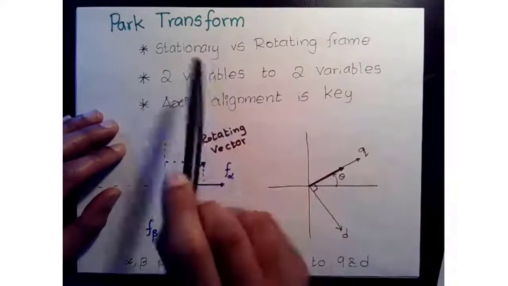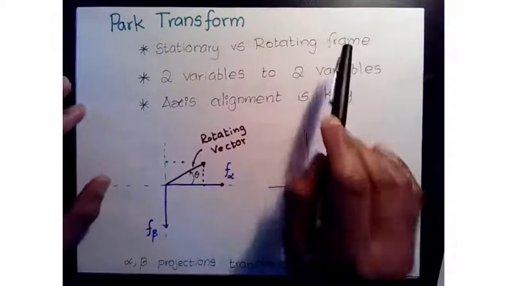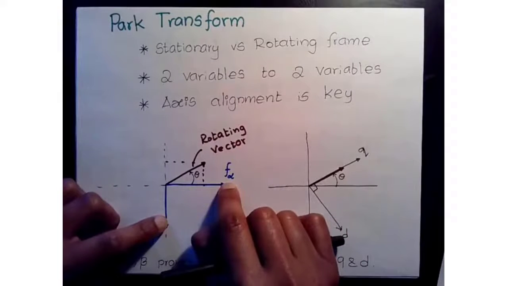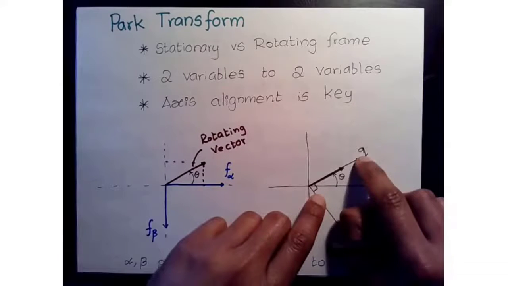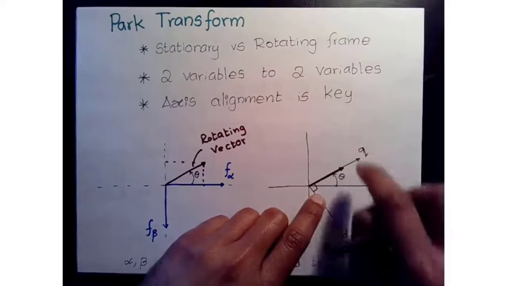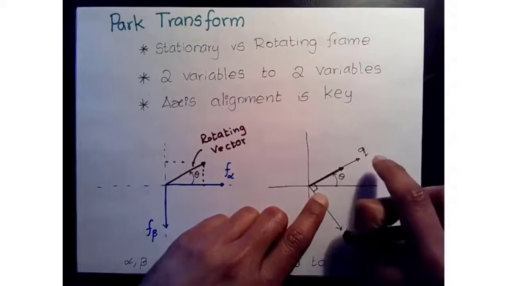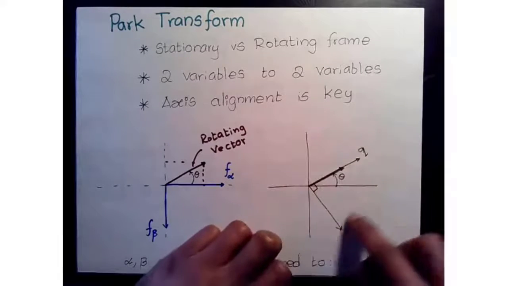So do you understand the difference between the stationary versus rotating frame now? Initially we had alpha beta, they are fixed, they are not rotating. Now in this new case, we have an axis system, we call them the Q and D, quadrature and direct, and I'll explain what that is. Those axes are moving with the vector.